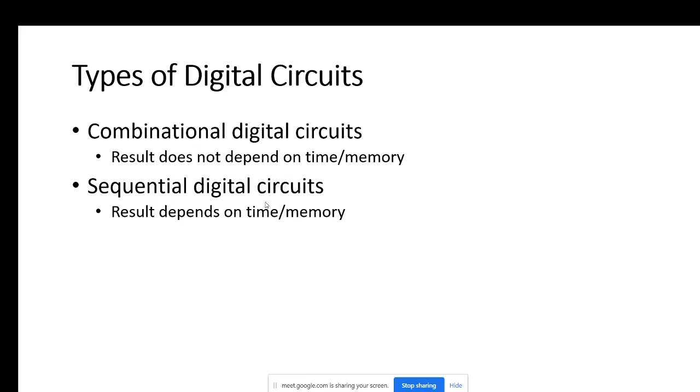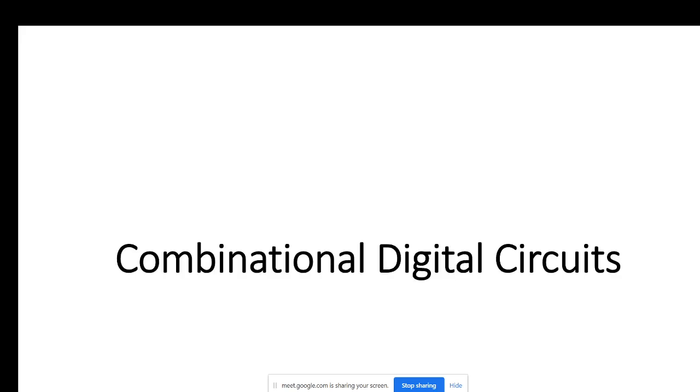Then sequential digital circuits are circuits that depend on the memory, or basically keep something in the memory. So we call it a sequential digital circuit component. We will first look at the combinational digital circuit components, the circuits that do not depend on memory.